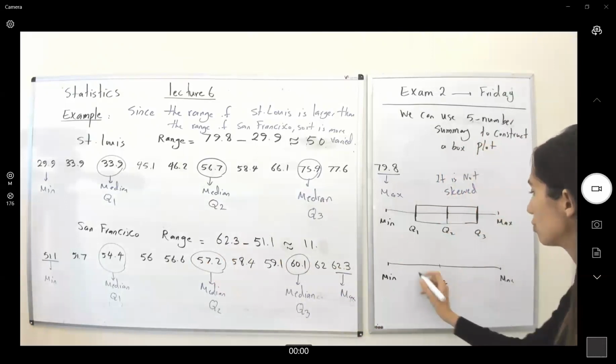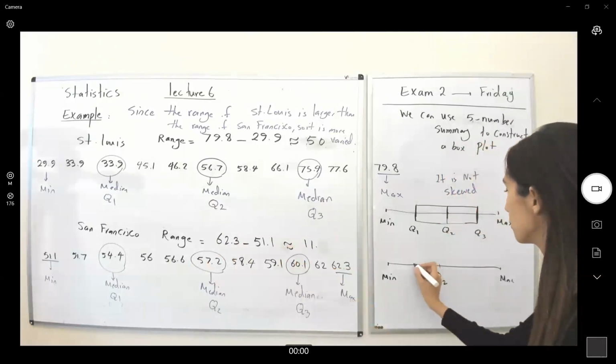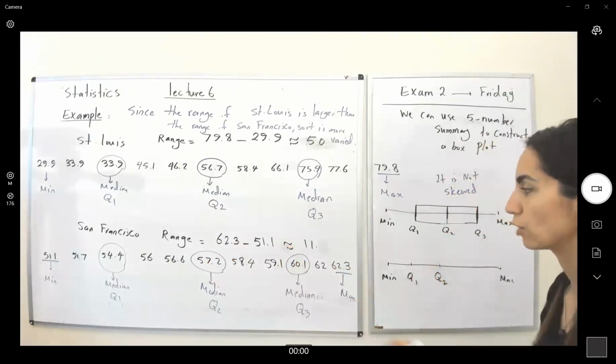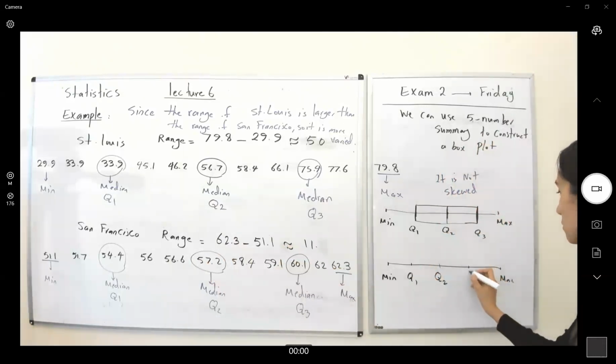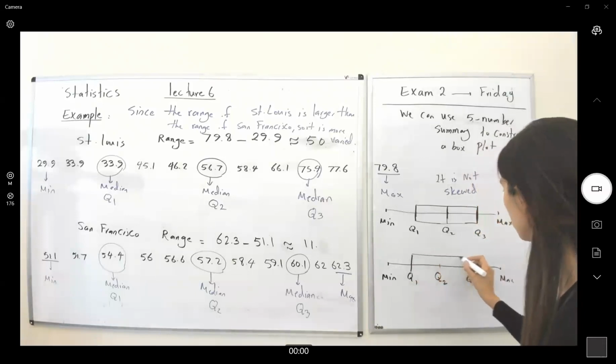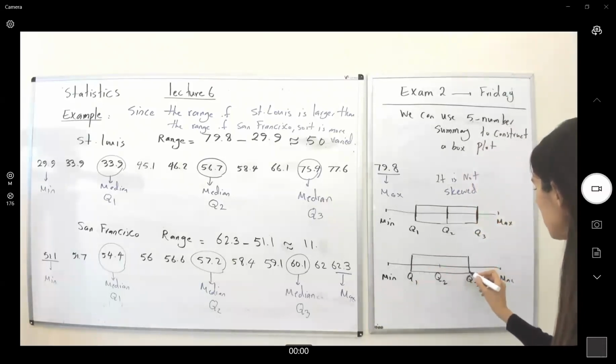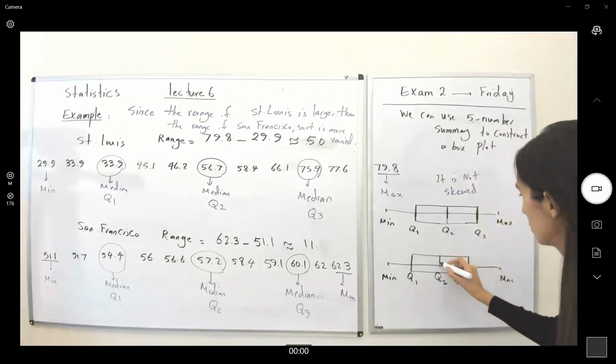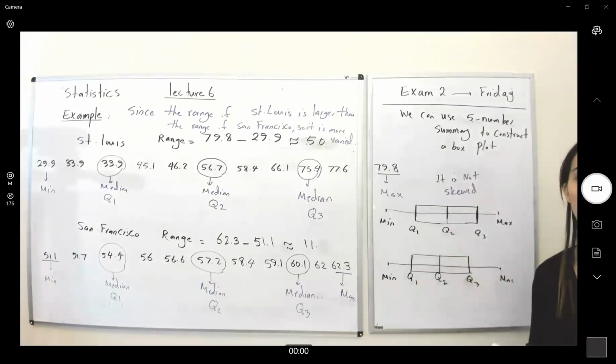Then you have your Q1, which is 54. Then you have Q3, which is 60. It's going to be here. Now you are forming your box. The same as the first box plot, there is no outlier in this collection. And as you can see, the data are all clustered in the middle.